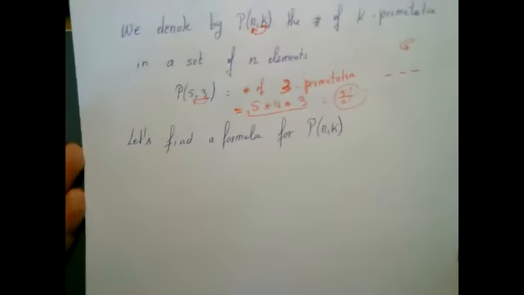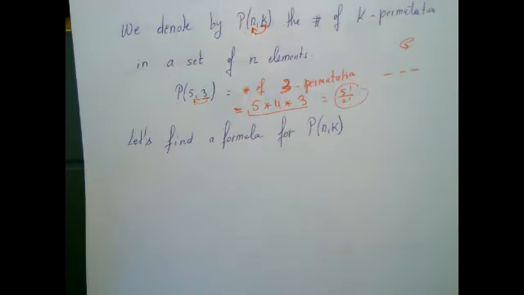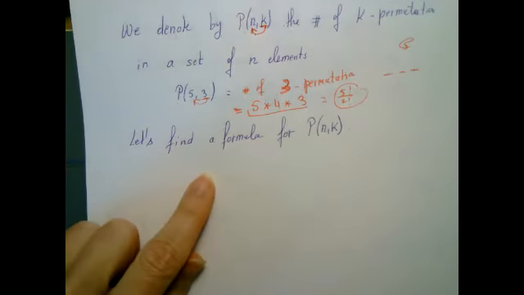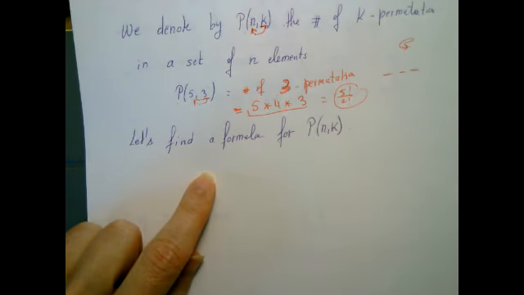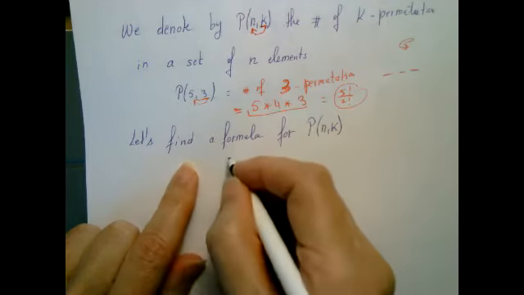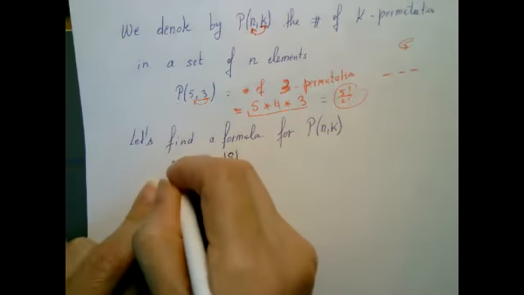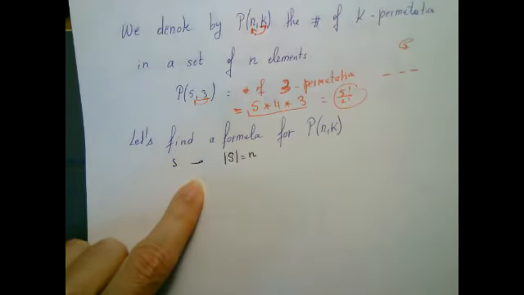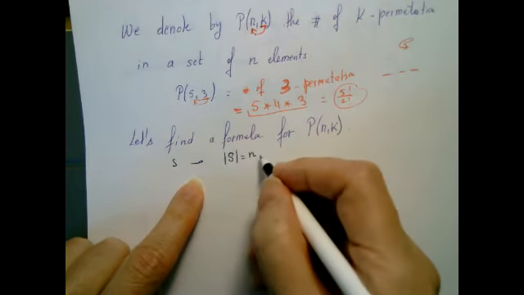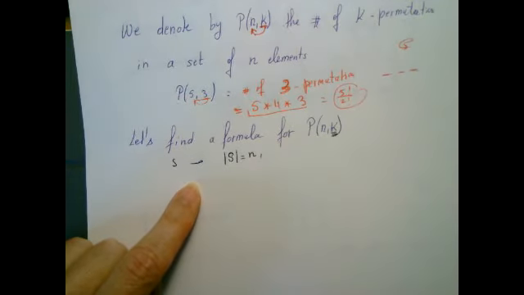Now we're going to find the general formula for P(n, K), just based on our understanding. What's P(n, K)? I have a set S whose cardinality is n, and I'm asking myself how many ordered lists of K elements can I have?